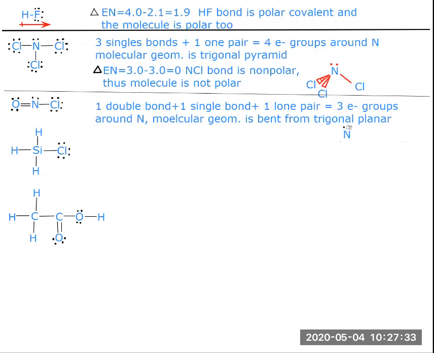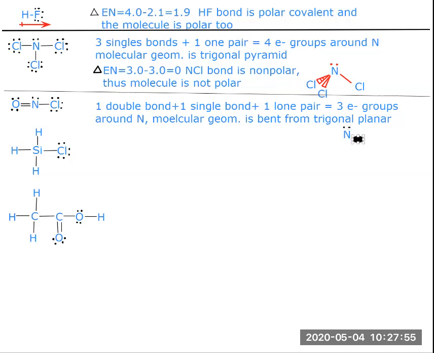It's bent, but it's planar, right? Trigonal planar means all atoms are in one plane. So here, the 3 atoms, oxygen, nitrogen, and chlorine, are in one plane. It's a flat structure. Because of that, we can draw the 3D structure with only straight lines, because all bonds are in the plane.